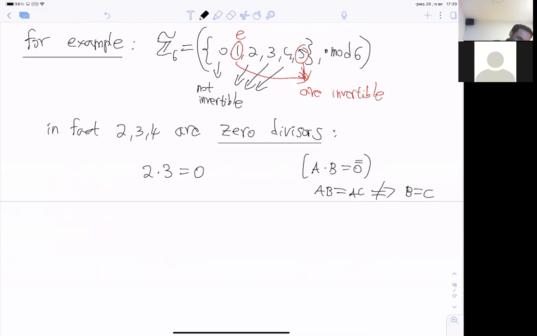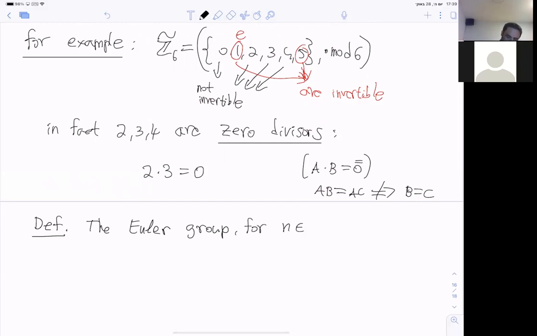So, definition: the Euler group for some natural n, we write it like this, it's just the invertible elements in Zn, with multiplication modulo n.